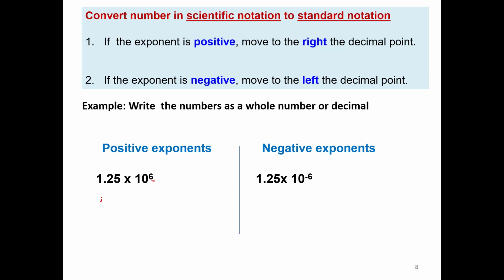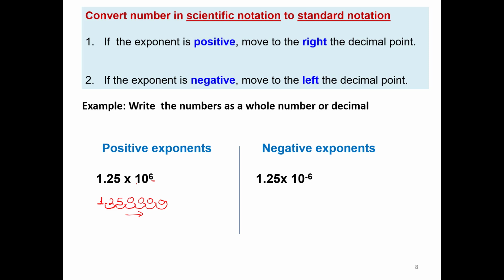Let's do this one here. We have 1, here is the point. 1, 2, 3, 4, 5, 6 to the right because the exponent is positive.